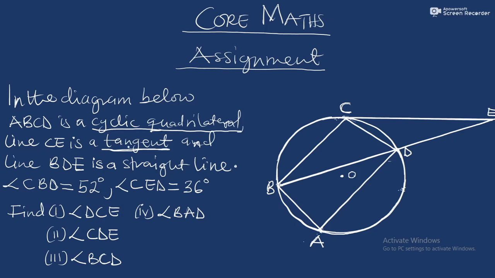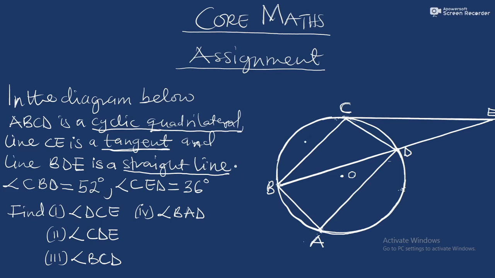So these are the clues in the question. Then finally, we're given that line BDE is a straight line. So if we are able to apply these three clues to the diagram, we will be able to solve for the angles in the diagram. Okay, so let's look at our diagram.